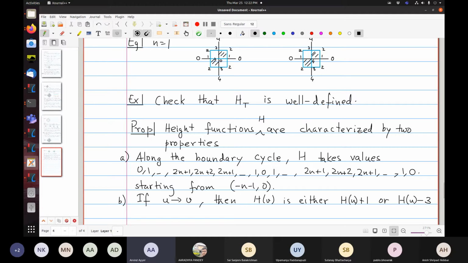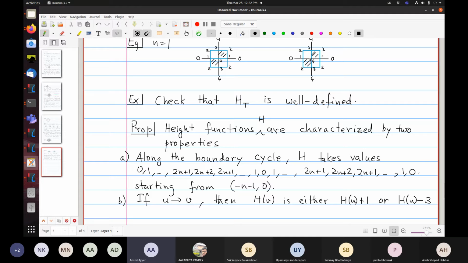So in this example, if this is u and this is v, u goes to v, the direction of traversal is upwards. So then h of, sorry, the direction of traversal is downwards. So this is v and this is u. So h of v is h of u minus 3.